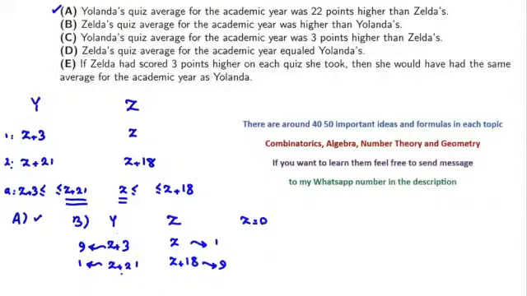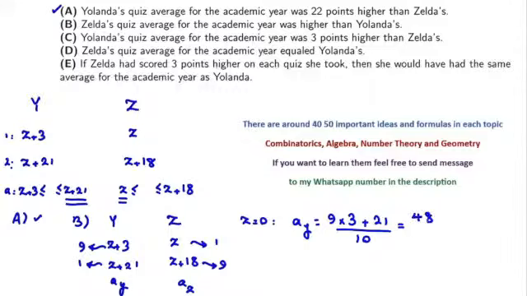So academic average, let's consider this one AY, this one AZ. Academic average AY will be what? Will be 9 times 3, because Z is 0, 9 times 3, plus 1 times 21, over 10. It will be 27 plus 21, 48 over 10, 4.8.